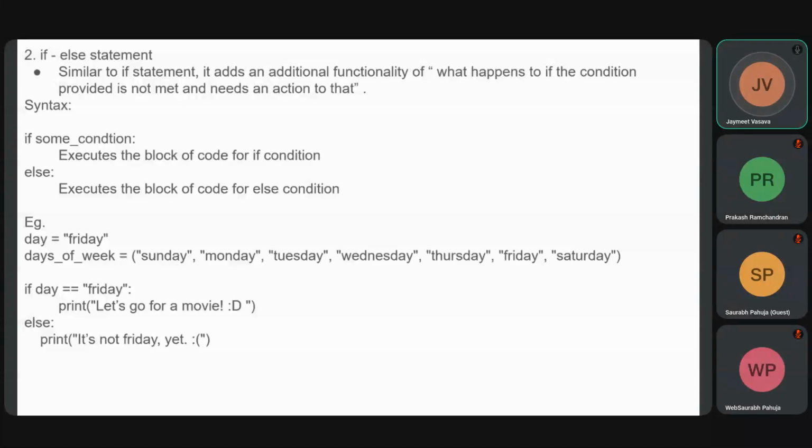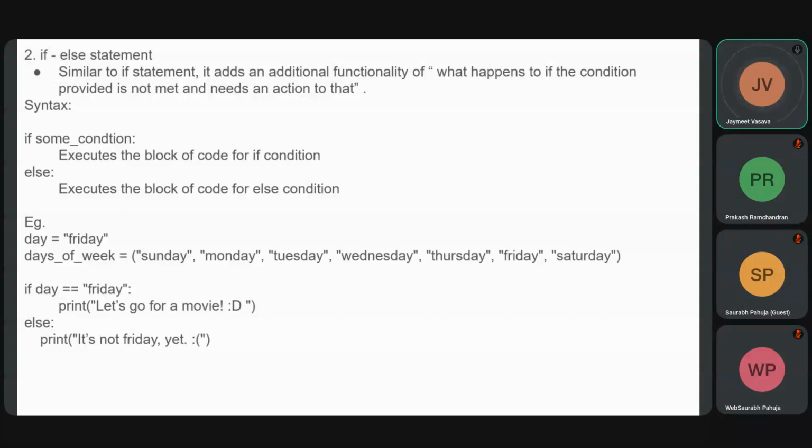For this we are going to use the same program that we used before. The if statement stays the same, but we have added an else block to it. Now what will the else block do? If it's not Friday, it's going to print the actions to be taken.